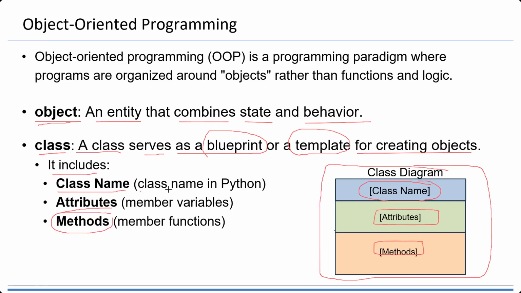So the class name, it means the name when you want to create a class in Python. The attribute means the member variables. Whenever you create a class, there will be some variables, so you need to define in this section. And whenever you have methods, you can declare in this section, methods.